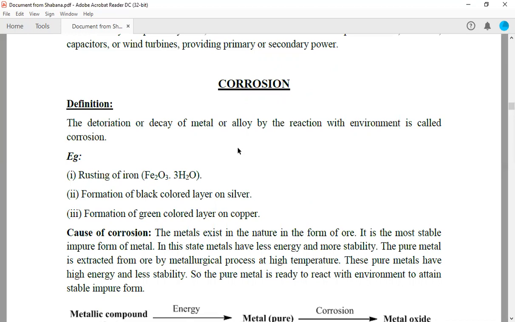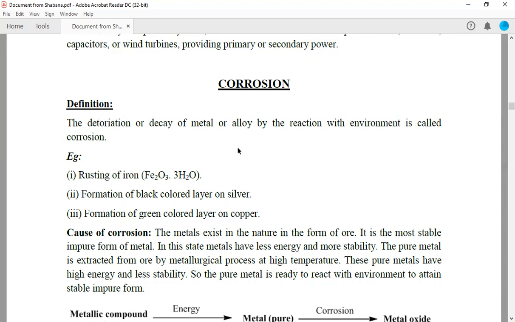The surface of almost all metals begins to decay more or less rapidly when exposed to environmental conditions like a gaseous atmosphere, water, or another reactive liquid medium. As a result of the decay, the metals are converted to their oxides, hydroxides, carbonates, and sulfides. That's why the process of decay of metal by environmental attack is called corrosion.